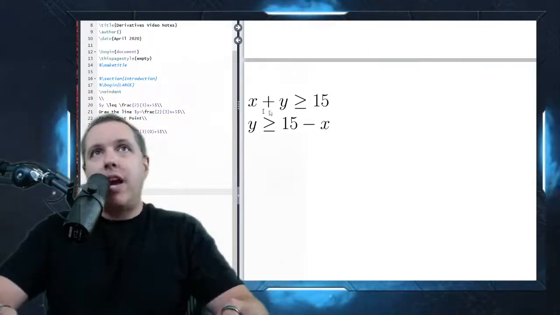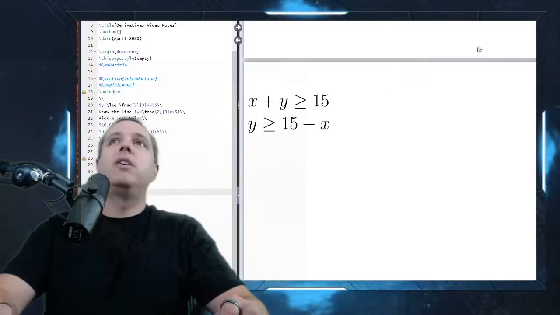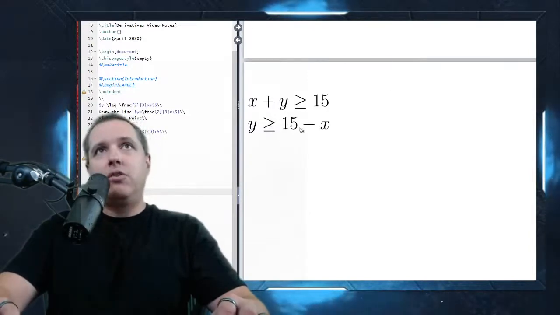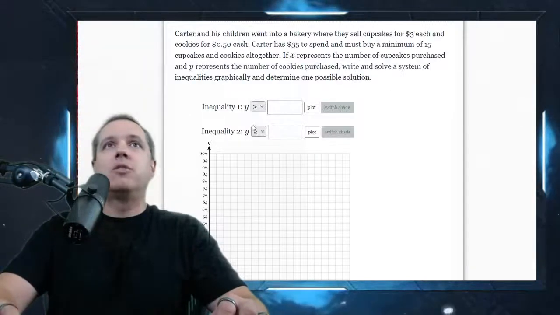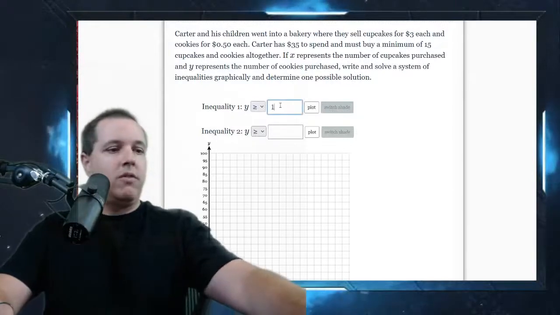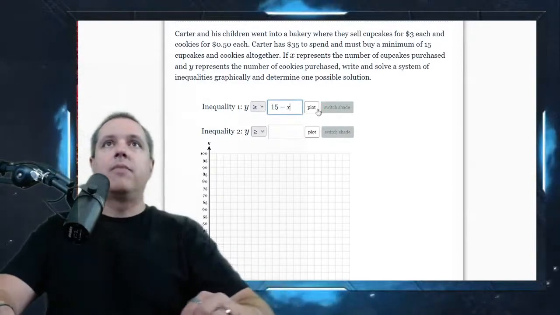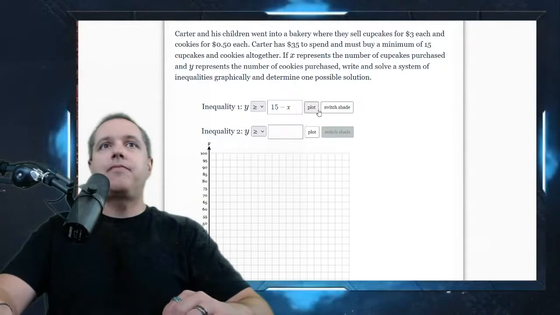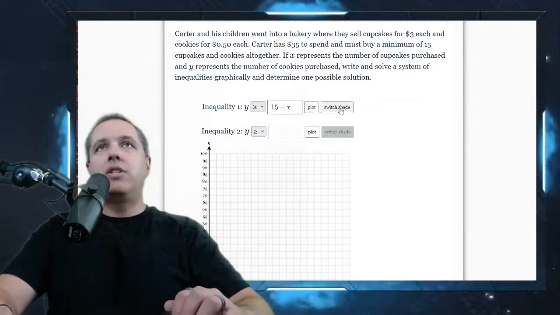Now I've got what I want. Now we're going to write this in Delta Math. So we need the greater than or equal to and then 15 minus X. So greater than or equal to 15 minus X. We plot it. Now we have to figure out which side to shade.